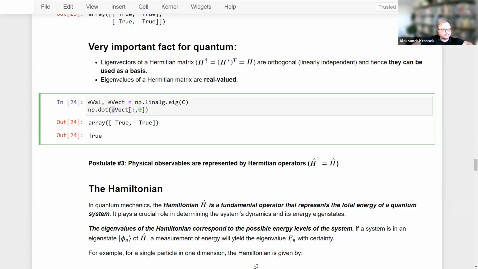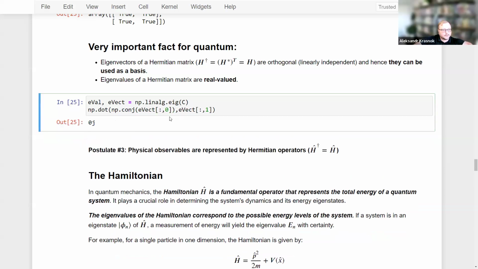And also I have to take into account that these vectors are complex valued. So I need np.conjugation. I need to complex conjugate the first vector. Yeah, so the result is 0. So indeed, these vectors are orthogonal.